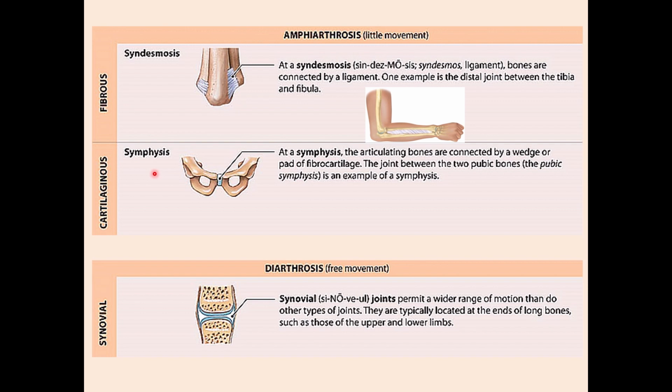The second type of amphiarthrosis is called Symphysis. This is made of fibrocartilage, and a good example is between the two pubic bones here. This is the pubic symphysis, connecting these two bones together. But in the later part of the pregnancy, near labor, this joint becomes softer, and during labor it can actually stretch a little bit, so that the fetus can pass through the birth canal.